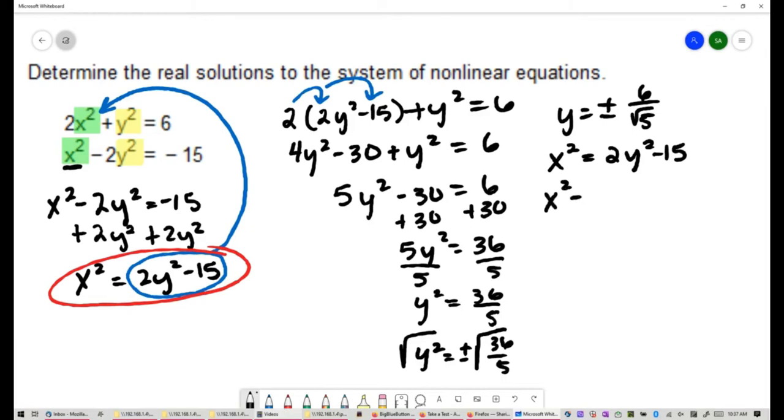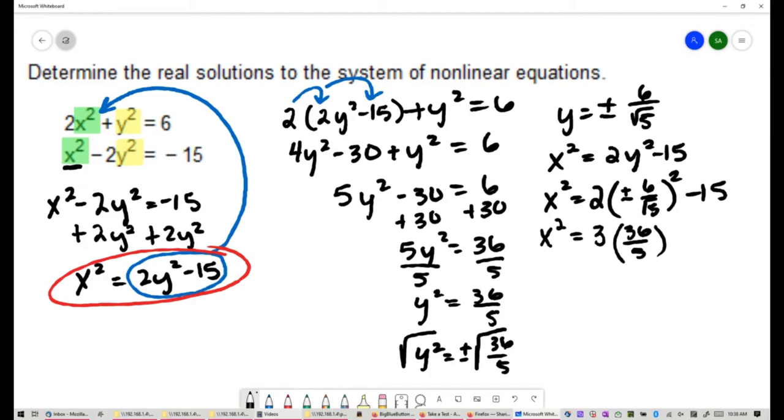And x squared equals 2 times, and I can do plus and minus at the same time, 6 over square root of 5 squared, minus 15. I can do that plus and minus at the same time because I'm squaring it, so both the positive and the negative answer will come out the same. So that's going to give 2 times 36 over 5.